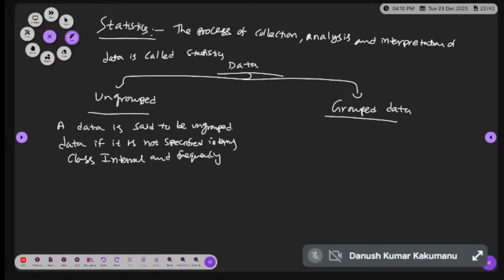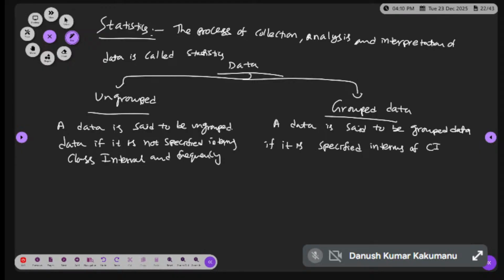And when is a data said to be grouped data? A data is said to be grouped data if it is specified in terms of class interval and frequency.